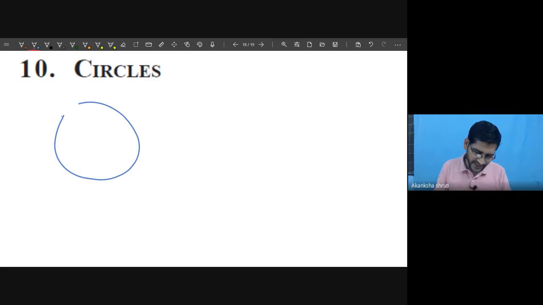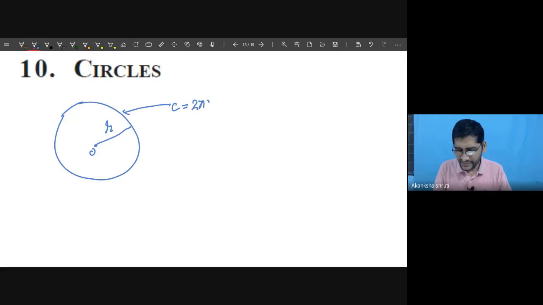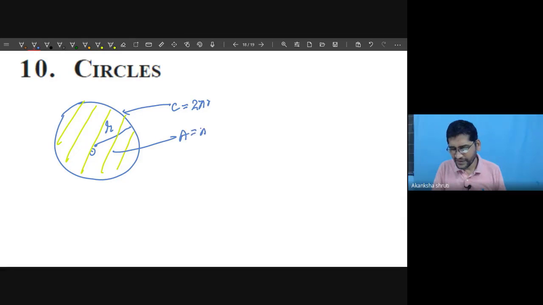So a circle is identified by a center with radius. The outer boundary is called the circumference, given by 2 pi r, and the entire area bounded, the region, is given by pi r square. It is one thing.